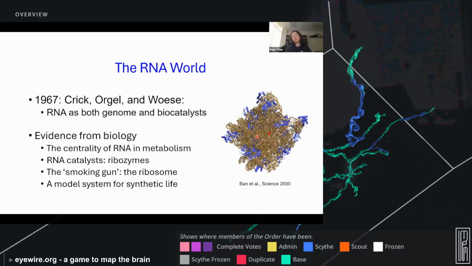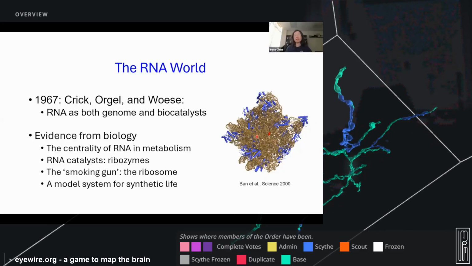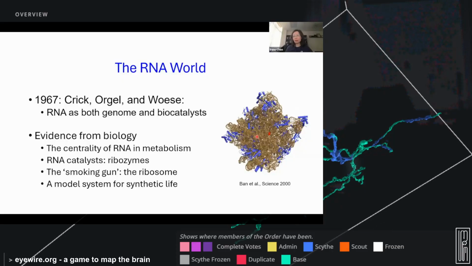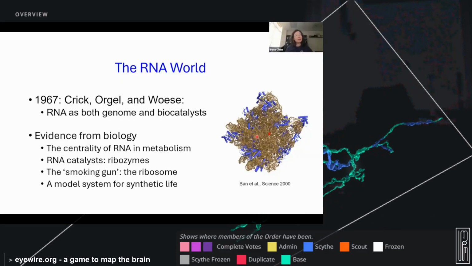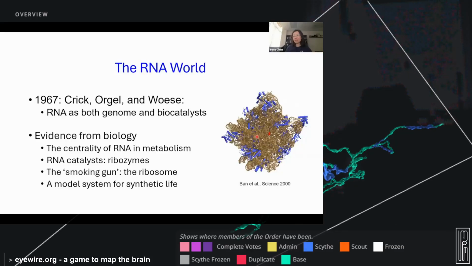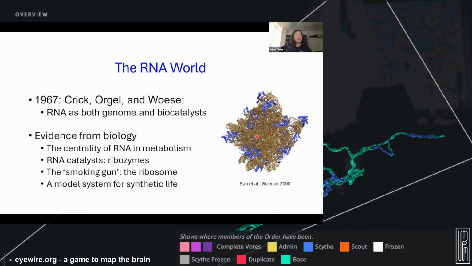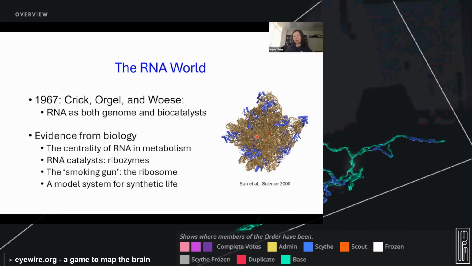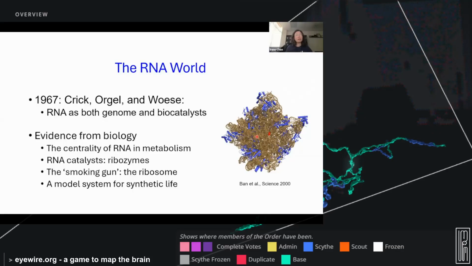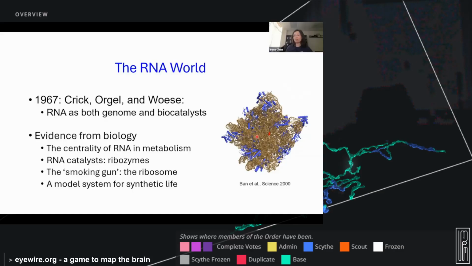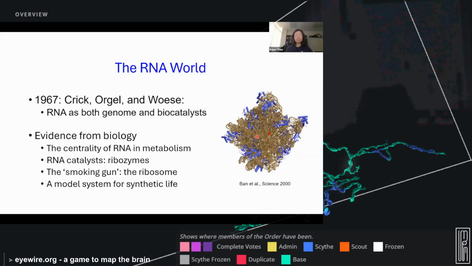This machine for translation, an RNA making proteins, was called the smoking gun by Tom Cech. But even if you don't care about the origin of life, I think it's still a nice model system for synthetic cells, because all of these same properties that make it interesting for origin of life, and being the first cells, also make it interesting for synthetic cells.